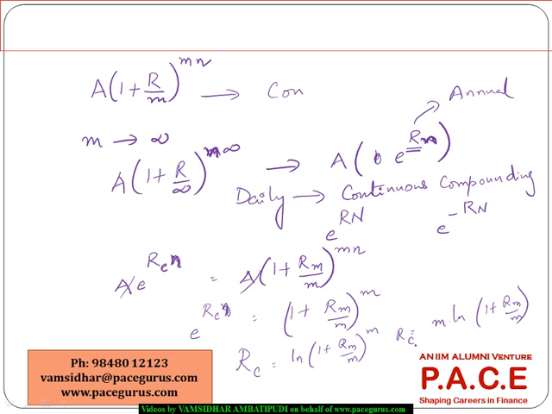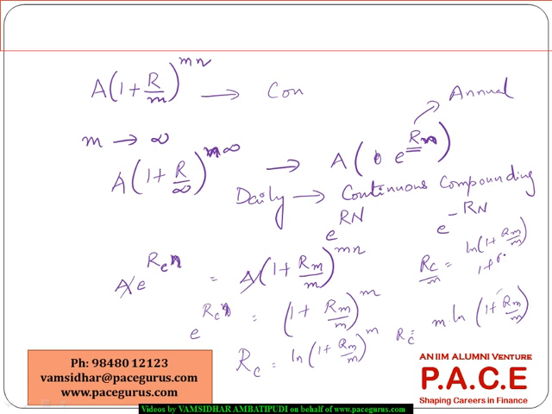So from here I can find out the Rm, which is the annual quoted rate. Rc by m equals log of (1 plus Rm by m). I can do the basic mathematics.